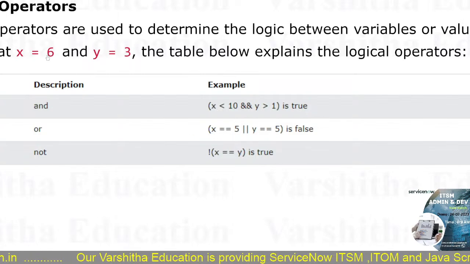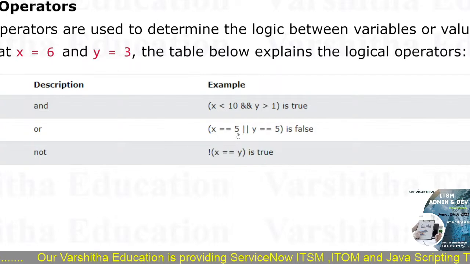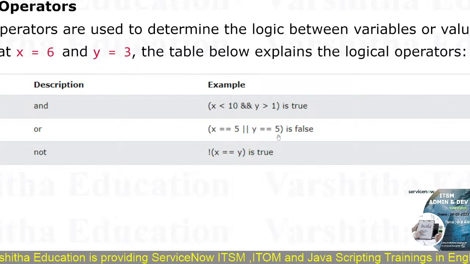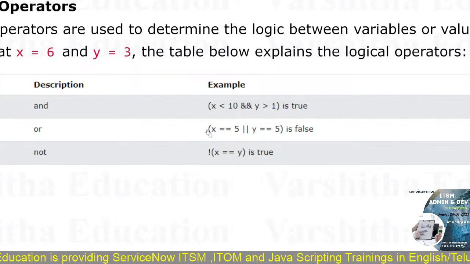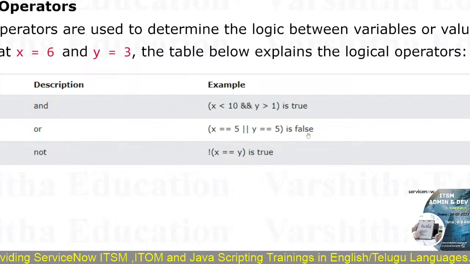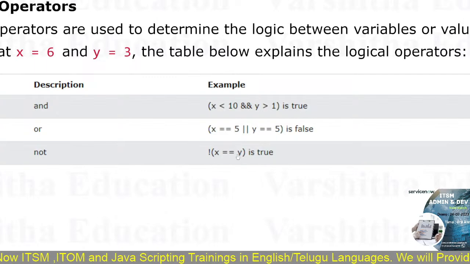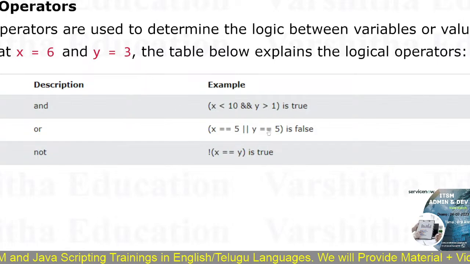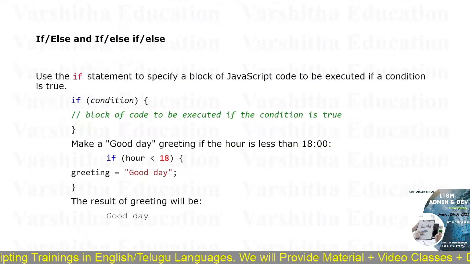The x value is actually 6, but it is being compared to 5. The y value is 3, but it is being compared to 5. So both are false, means it is not satisfying, then automatically it is showing false. And NOT x equals y means 100% true, because x is not equal to y. So that's the reason we can use logical operators also in this area.